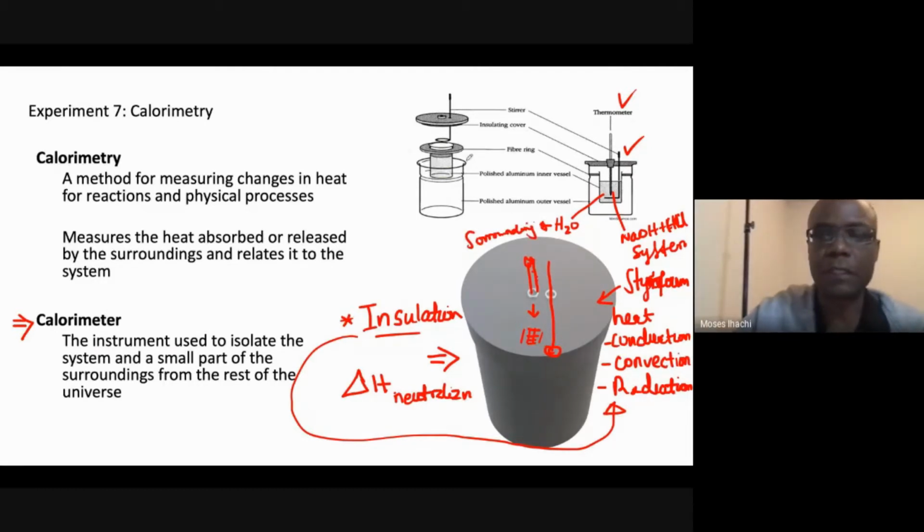And of course, everything is capped. So calorimetry is the process of doing this experiment. It's a method for measuring the changes in heat of reaction, the measurement of delta H in physical processes, which is heat. It measures the heat absorbed or released by the surrounding. If heat is absorbed by the surrounding, then the reaction is going to be exothermic. If heat is released by the surrounding into the system, the reaction will be endothermic.